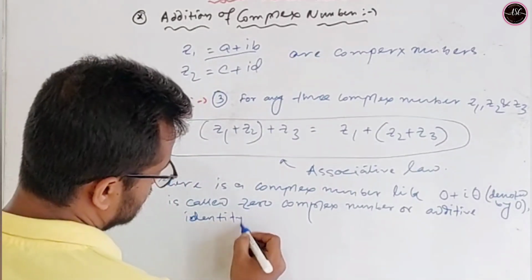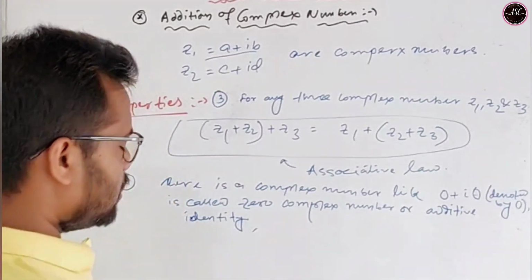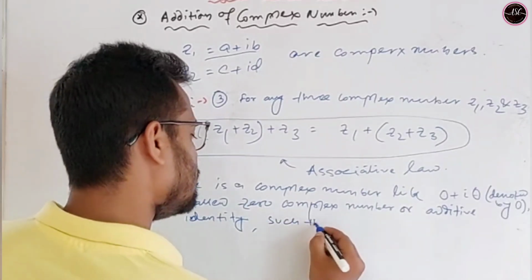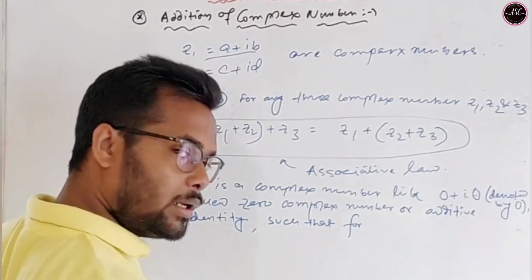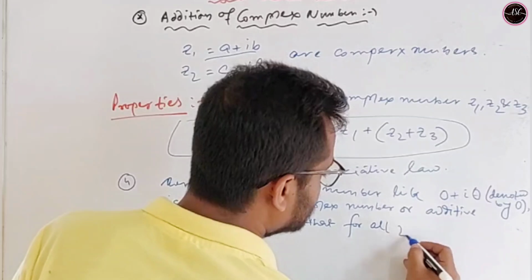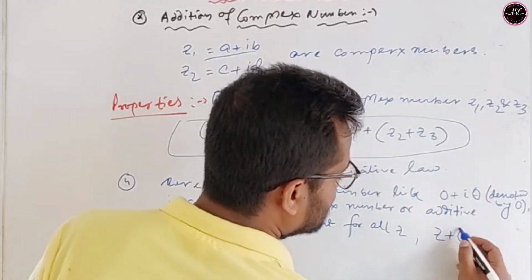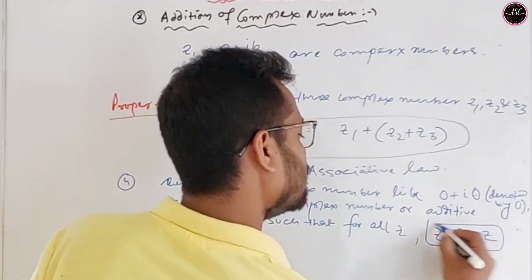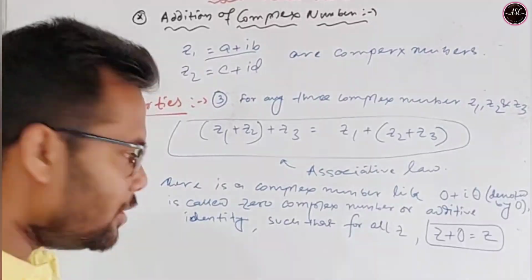It says that for all complex numbers z, z plus 0 equals z. And 0 is the additive identity. What is number 5?